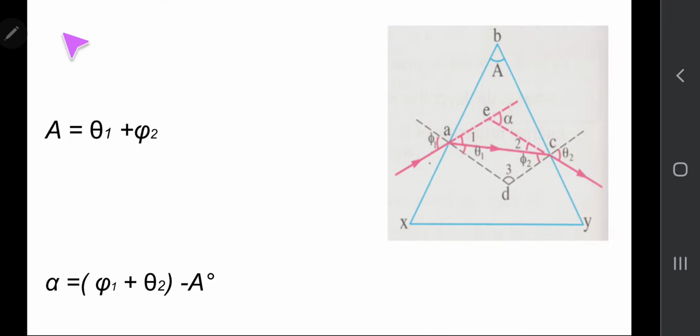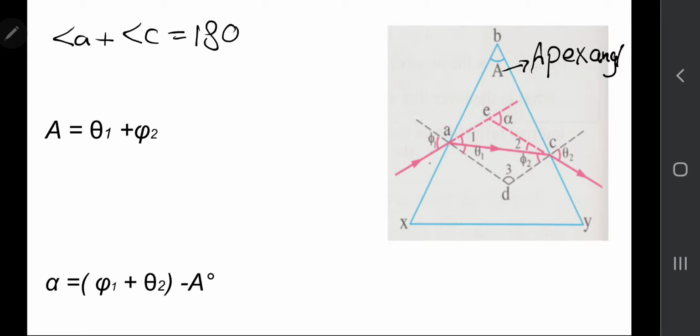So angle A plus angle C equals 180, and angle B plus angle D equals 180. Angle B is the apex angle of the prism. The apex angle plus angle D, which is angle 3, equals 180. So angle 3 plus A equals 180.